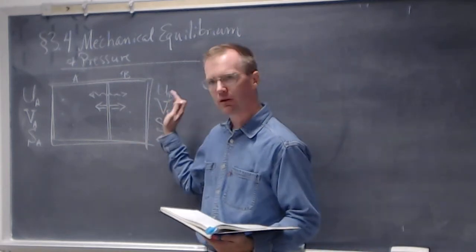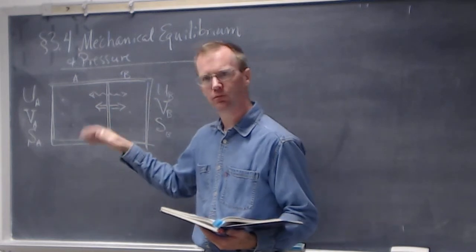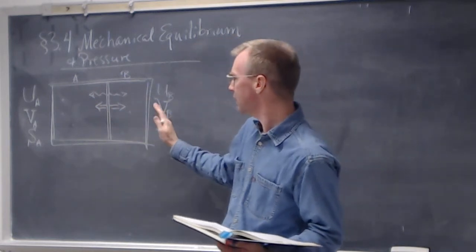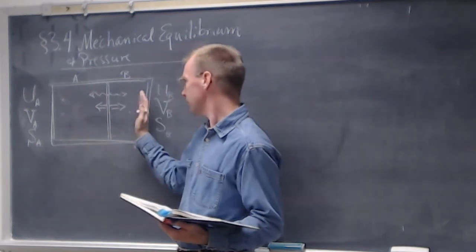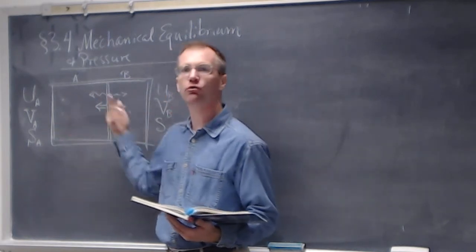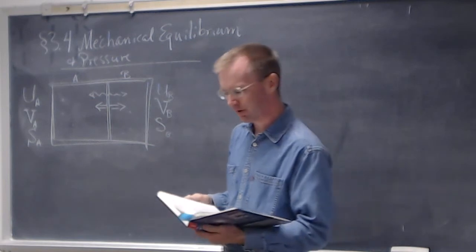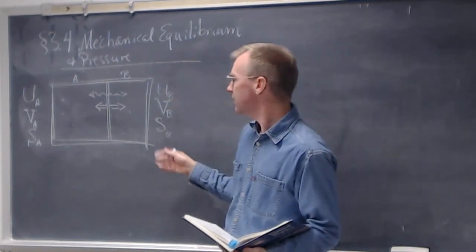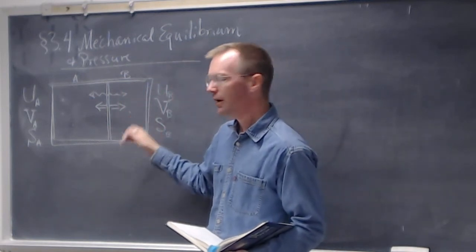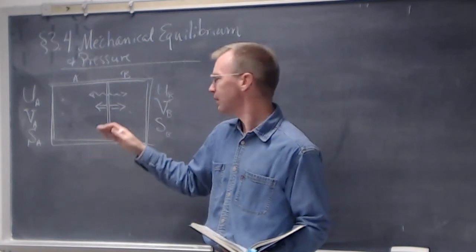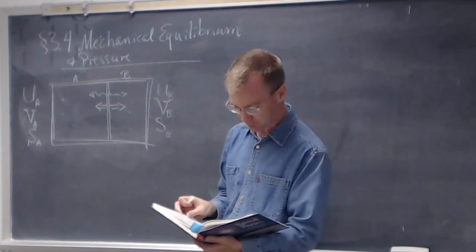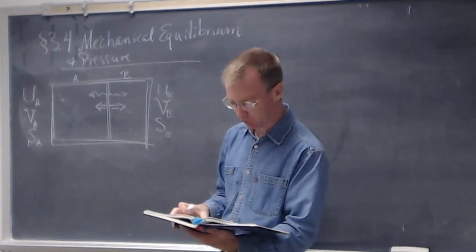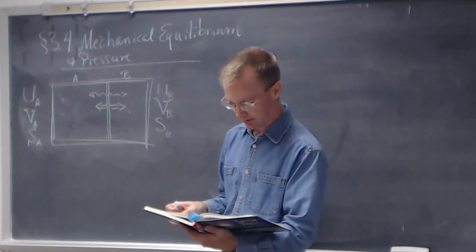Here, when we allow them to exchange volume, which is an odd way of saying we allow this divider to slide back and forth, but if one of them gains volume, the other one loses it, so really it's an exchange of a fixed volume. Then that exchange of volume is governed by their pressures, and they will come to a mechanical equilibrium when they're at the same pressure. So we'll derive that.